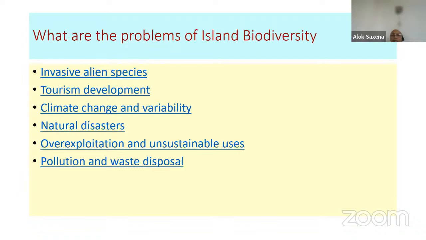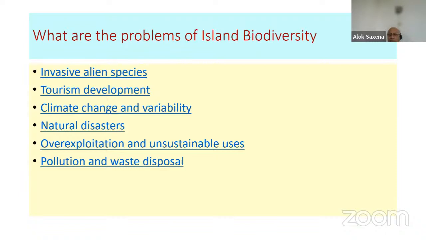Another example of invasive alien species: Parthenium and another grass, when they are introduced in islands, they spread like anything and lead to extinction of many other plant species. And if plant species are affected, insects are also affected because insects need specific food plants. So if a particular food plant becomes extinct, the particular insect population will also become extinct.